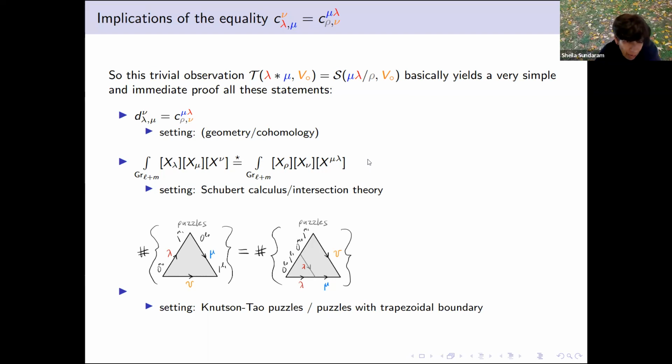The puzzles don't have a rho in them. Oh, okay, yeah, the rho is going to be this string. Because rho is a box, a rectangle.